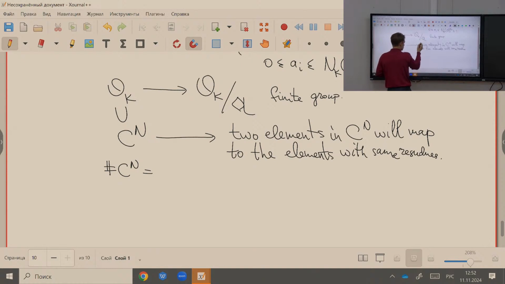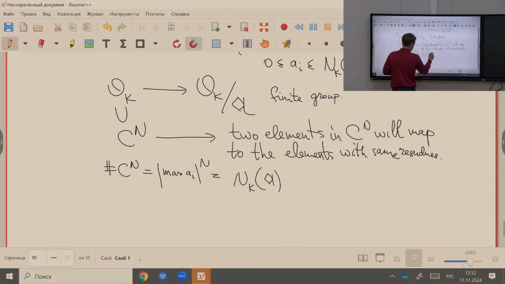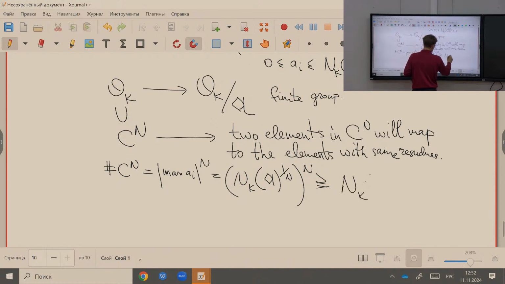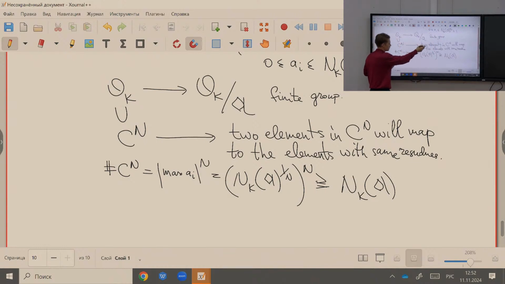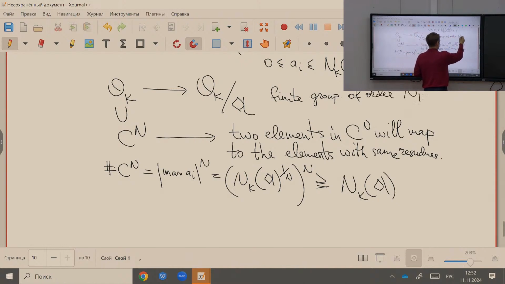So it is the maximum of the a_i's to the power n, which is, so here is a bad estimate, the norm of a to the 1 over n, to the power n, which is bigger or equal than the norm of a. And this is a finite group of order N(a).